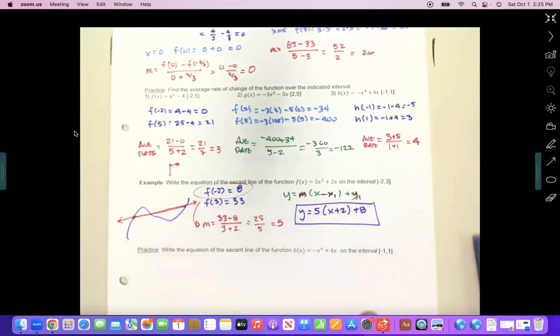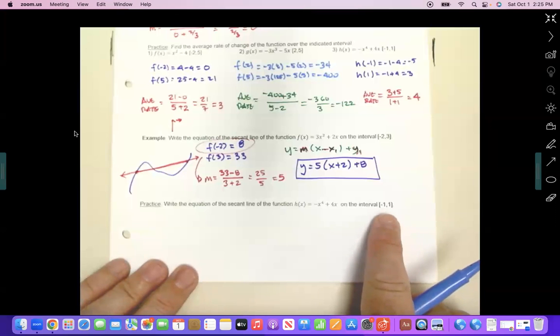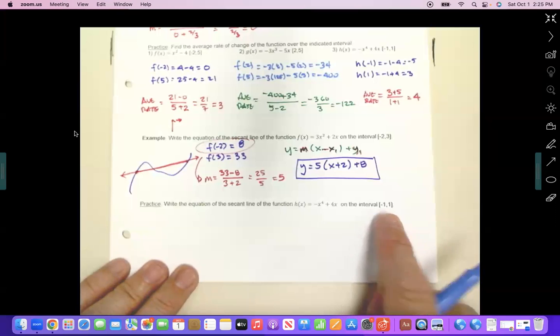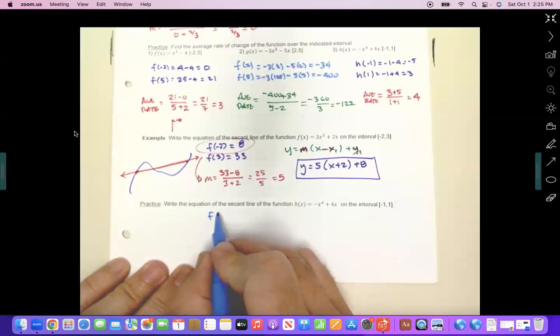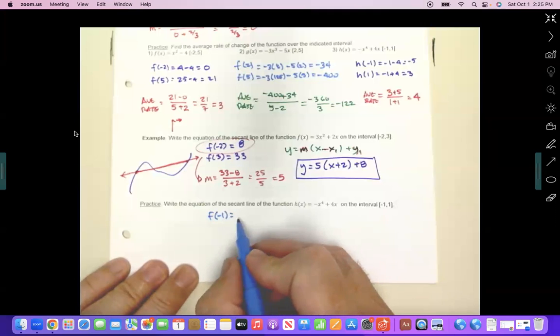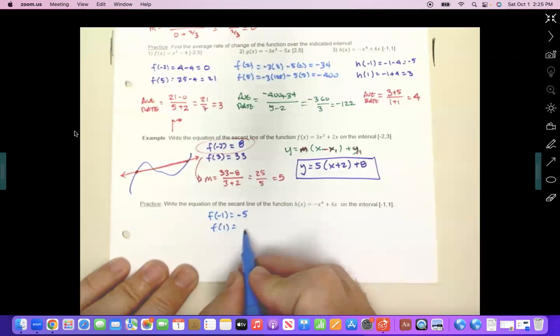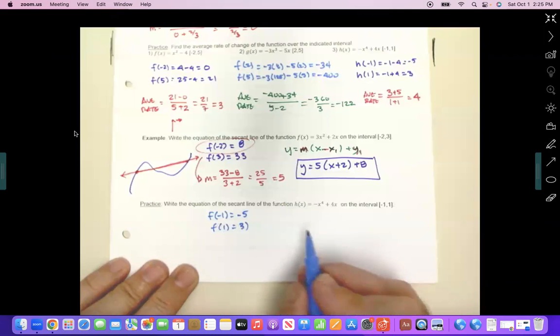We'll do one more example, see what you can do on this one. So first of all, if we want to calculate the slope of this, you'll see that we need to evaluate f of negative 1. f of negative 1 gives us negative 5. f of 1 gives us a positive 3.